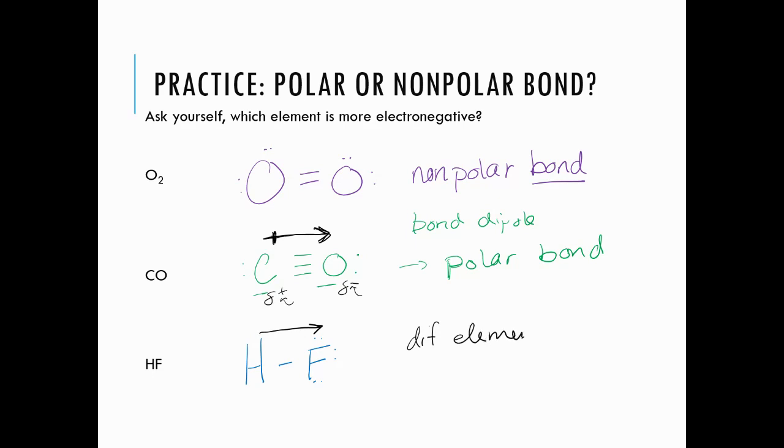So that means this is going to be a polar bond, polar covalent bond. Okay, it's not a metal and a nonmetal, so it's still covalent. Polar covalent. Fluorine is the more electronegative, so it's going to have that partial negative. Hydrogen is going to have the partial positive. Electrons are going to spend more time with fluorine than they are with hydrogen.